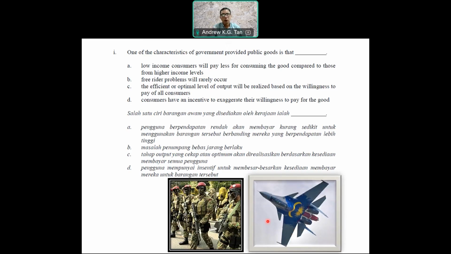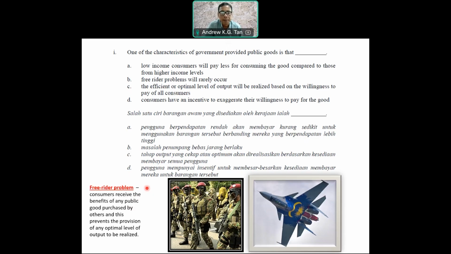And we know for pure public goods such as national defense, it protects every citizen in the nation. Setiap warga negara dalam negara tersebut akan dilindungi, tak boleh dikecualikan. So there will be free riders if you ask individuals to pay for national defense. There will be a situation of free rider problem.